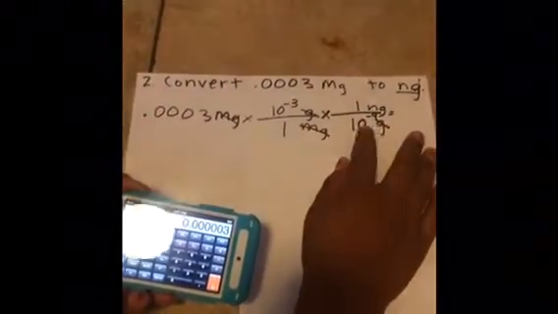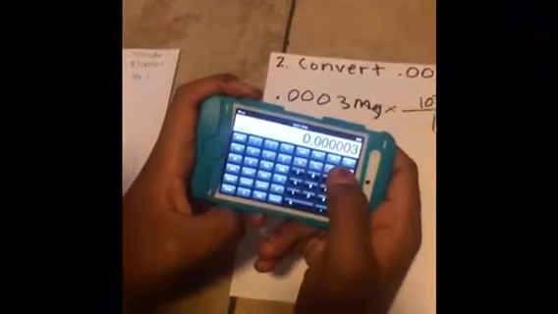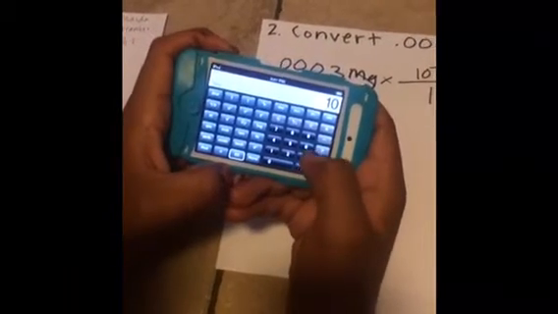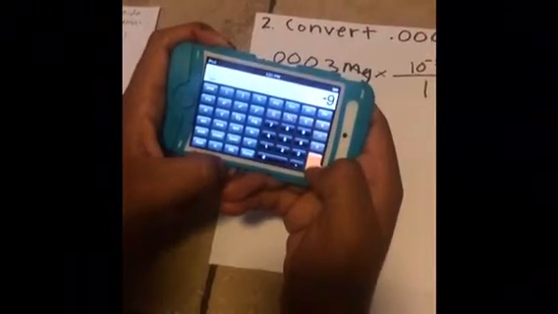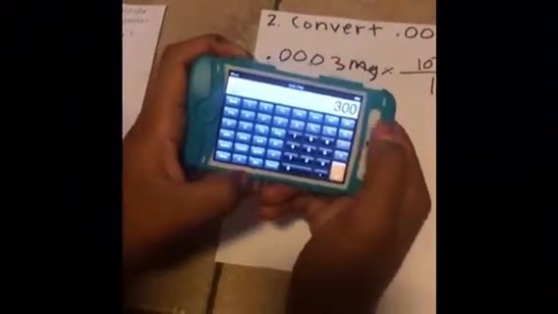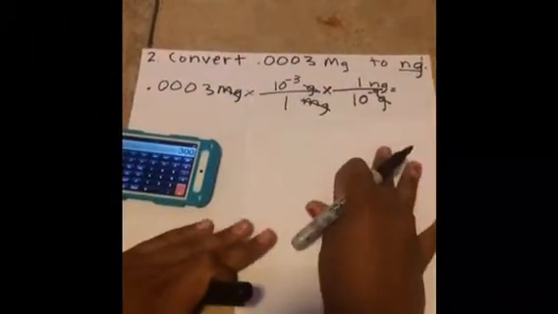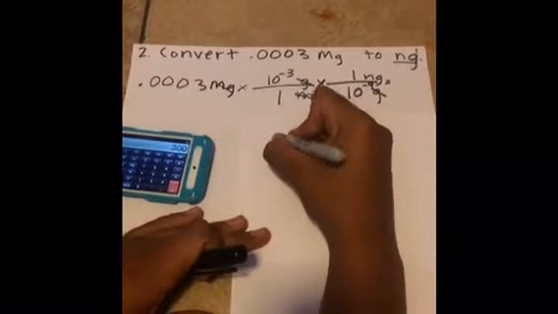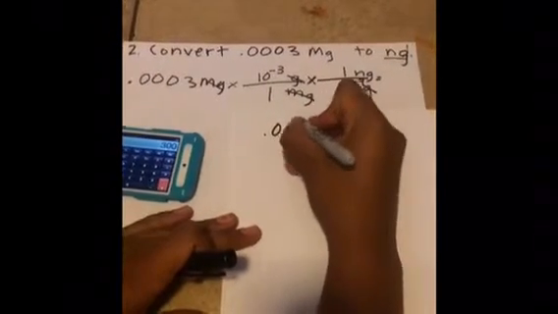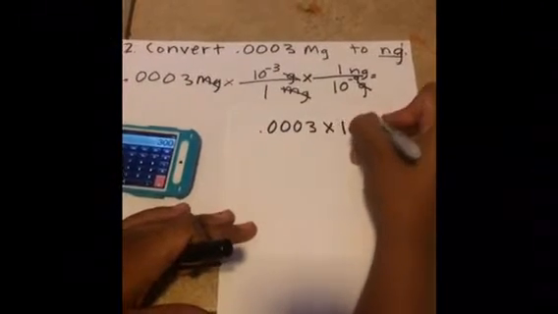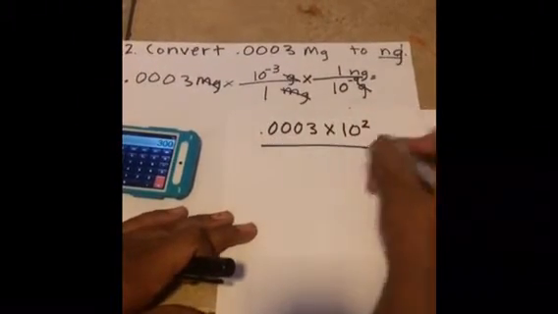But since this one's on the bottom, you divide it. So you divide all that by 10 to the -9. You get 300. And like I said, it has to be in scientific notation. So you get 3 times 10 to the 2, and that's your answer.